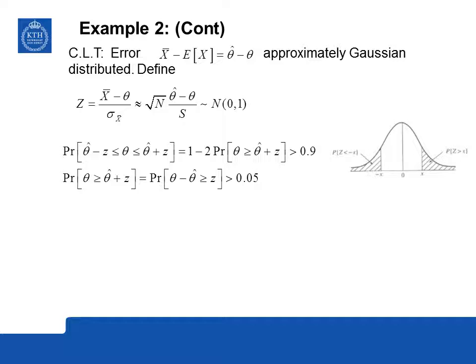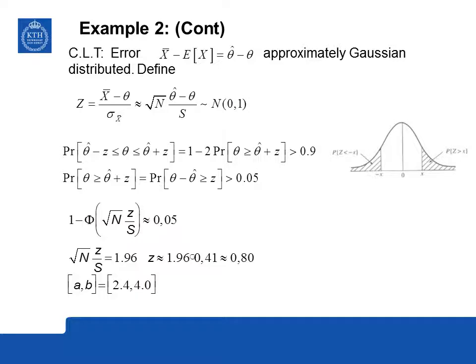If that probability should be 0.9, then 0.05 is the probability that should be masked in the shaded areas on the left and right hand sides. So the probability of theta exceeding theta hat by z should be equal to 0.05.